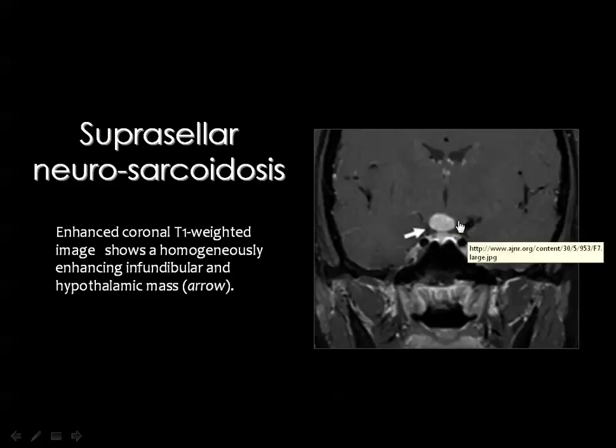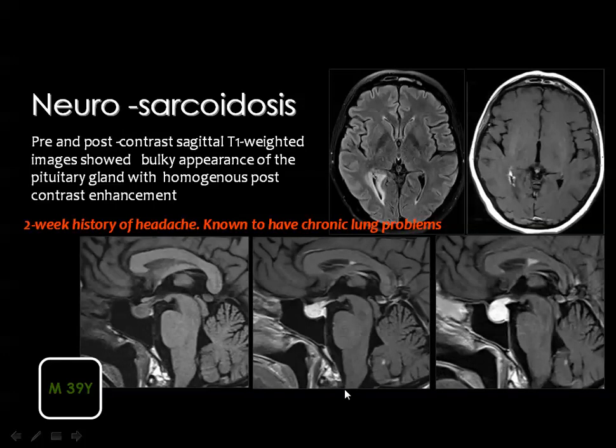And here you see the region of the optic chiasm is the seat of a strongly enhancing lesion, and you may also feel that the infundibular stalk is relatively thickened.